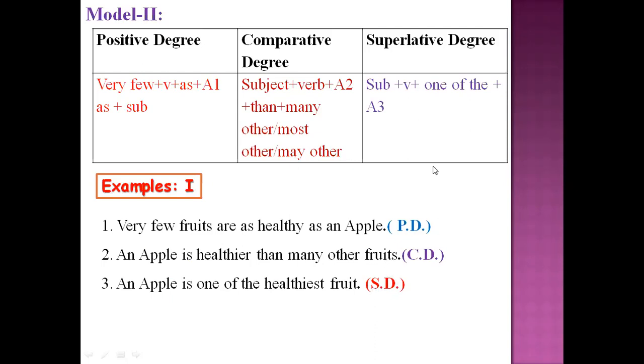Now in the superlative form, the subject is an apple, verb is, one of the plus A3, means the healthiest: one of the healthiest fruits. Like this, we just change this structure into all these sentences.